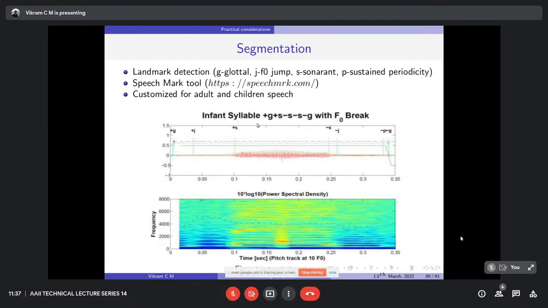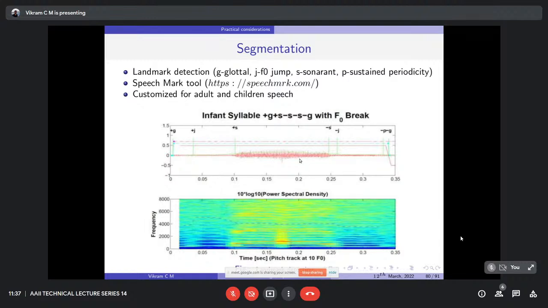One more approach is the landmark-based approach. That means using energy-based cues or acoustic phonetic cues, we can segment out the speech samples. SpeechMark is one such toolkit where, using acoustic cues like energy-based cues, we are able to get the phonetic boundaries.